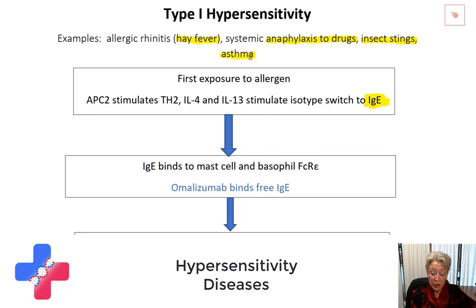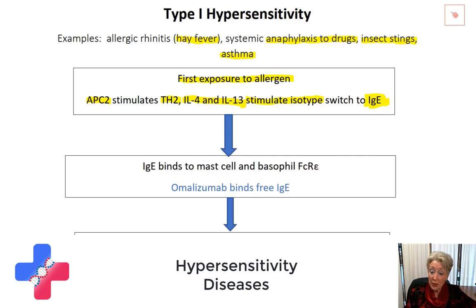Now, the first exposure to the allergen is asymptomatic, but remember, I'm moving through the nirvana diagram on the right-hand side. My alternatively activated APC stimulates a T helper 2, and the signaling tells it to make interleukin 4 and 13. Those molecules will act on B lymphocytes and stimulate them to isotype switch so that IgE is made.